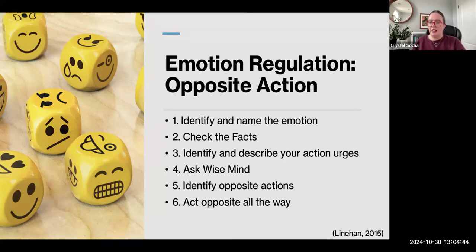So this person puts their feet on the ground, they stand up, they move to their desk, they move to the bathroom, they do all those things. And then you continue to repeat those actions and continue to act opposite until the action urge of that emotion, let's say sadness or frustration, changes. And hopefully it changes in a more effective way.